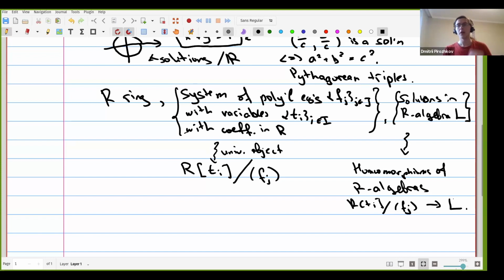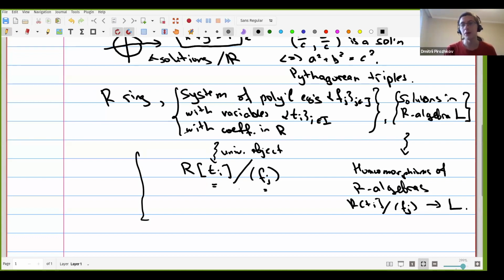So, and now in this point of view, you see that you don't really need to know the variables t_i that you have. You don't really need to know what exactly system of equations you need.